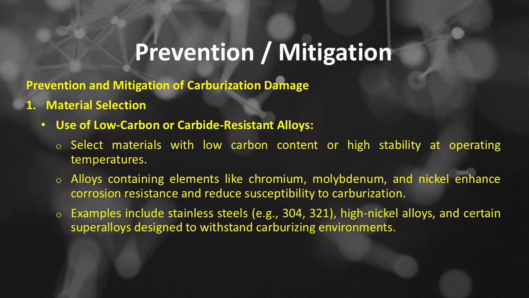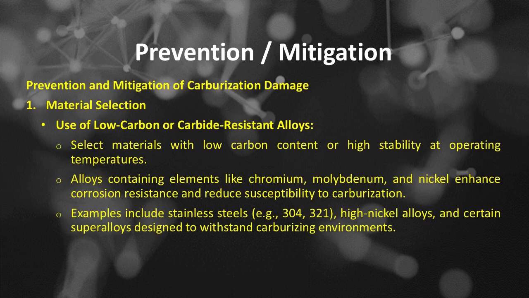Number 1 of prevention and mitigation of carburization damage is material selection. Use low-carbon or carbide-resistant alloys. Select materials with low carbon content or high stability at operating temperatures. Alloys containing elements like chromium, molybdenum, and nickel enhance corrosion resistance and reduce susceptibility to carburization.